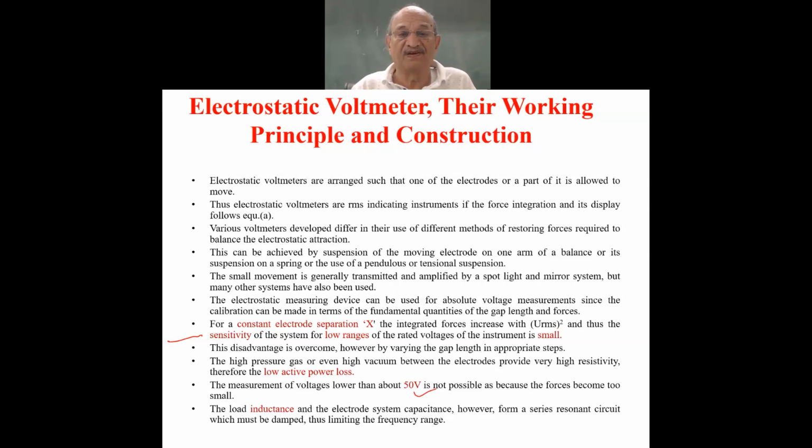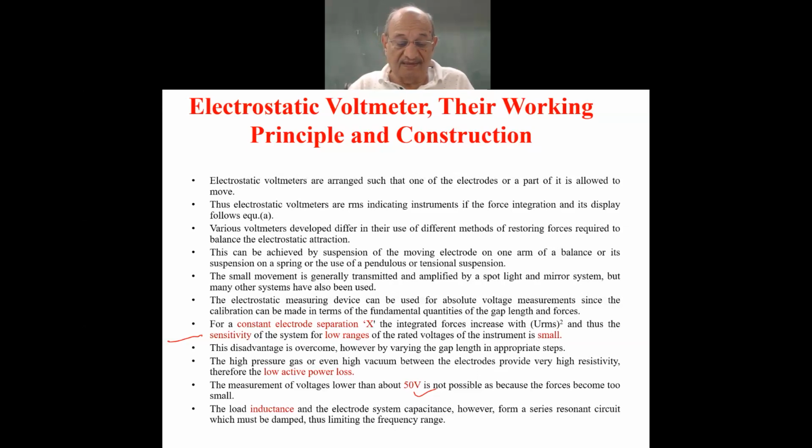So the minimum voltage to be measured is more than 50, say 100. But still, if you are able to measure from 100 volts to 1000 kV, it's a very, very wide range.